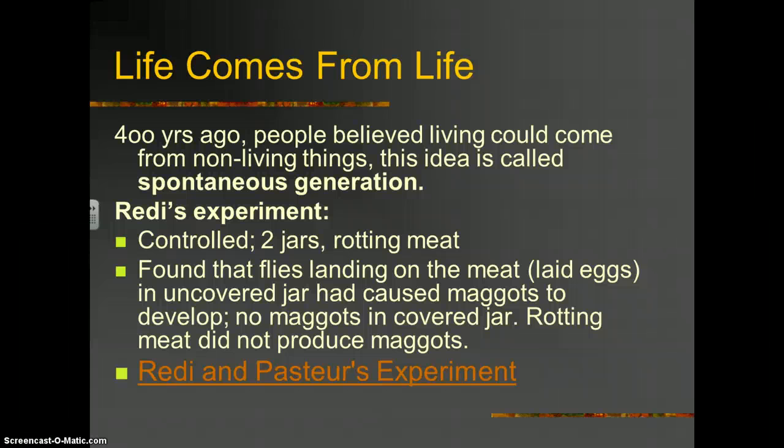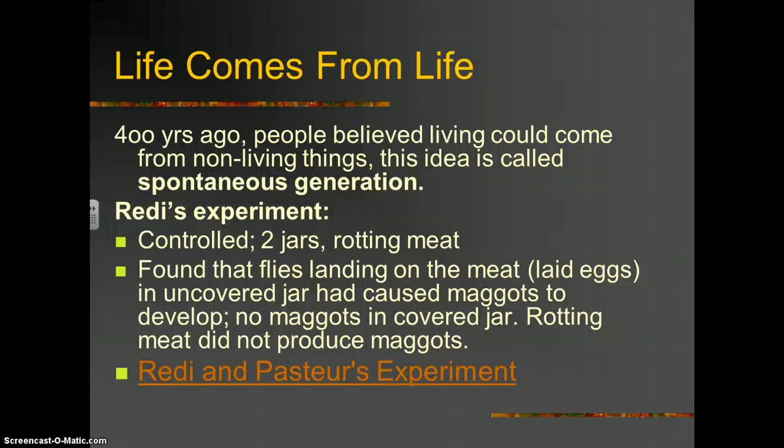So they would see trash out in the street and they would see a rat on it, and so they would figure that trash made rats. Which in a way that's a good environment for them, so they would reproduce and live there, but they thought the actual trash made a rat.